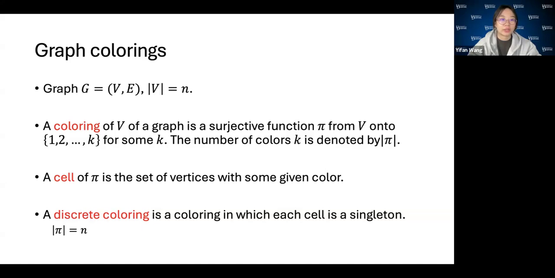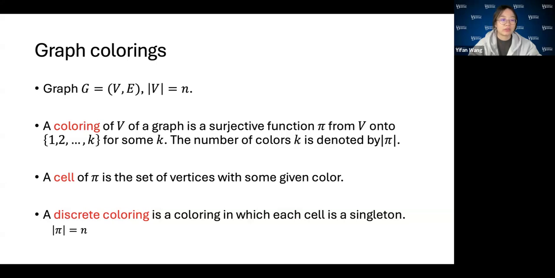First is graph coloring. Graph coloring plays an important role in Traces when refining the graph partitions. A coloring of the node set of a graph is a surjective function from the node set to some integers. The number of these colors is denoted by pi.